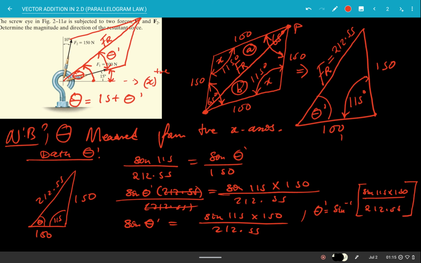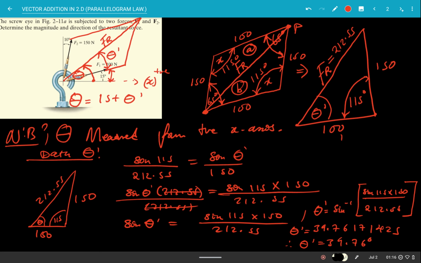Alright, so if you compute this, you find that theta prime will equal 39.76171425. Now correct to two decimal places, this will be 39.76 degrees.